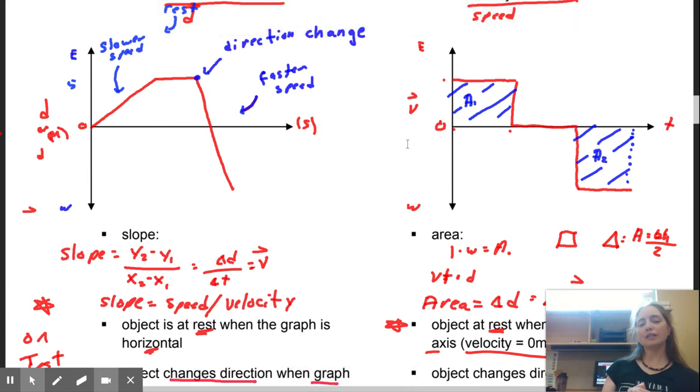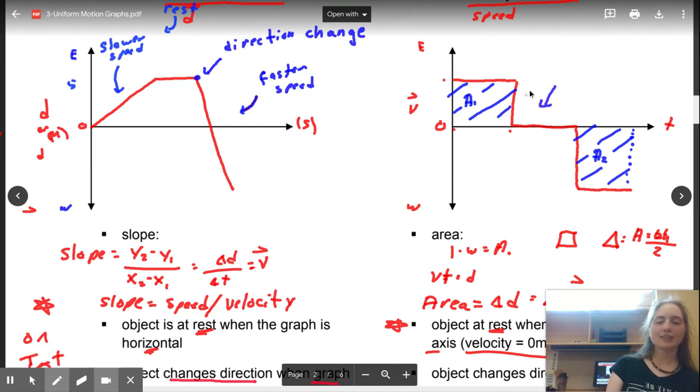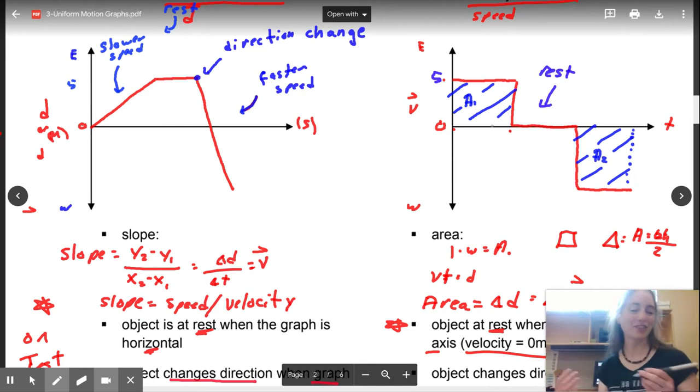If your velocity is 0, are you moving? No, you're not. On a velocity time graph, the only time you are at rest is when you're on the x-axis. Up here, if this is 5 meters per second, 5 meters per second, 5 meters per second, you're moving uniformly, but you're still moving. Your velocity is 5 meters per second. So this is pretty tricky stuff. There's a lot going on here.